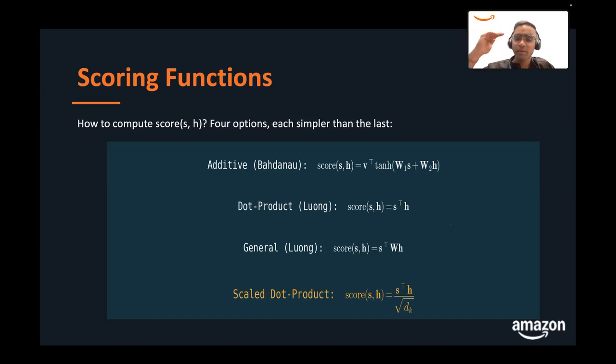But we are normalizing it by dividing by root of d. Why do we divide by root of d? We will observe why we divide, and what disadvantages it can have otherwise, without the division. But these are the different options. We can replace our score functions with some traditional ones, and some are the ones which form the foundation of modern LLMs.